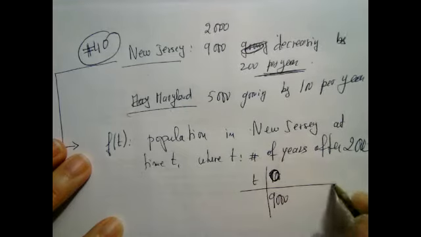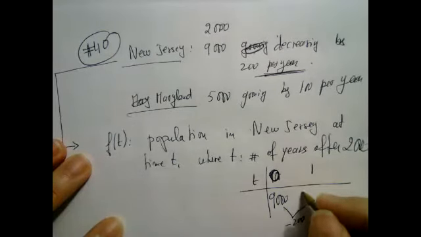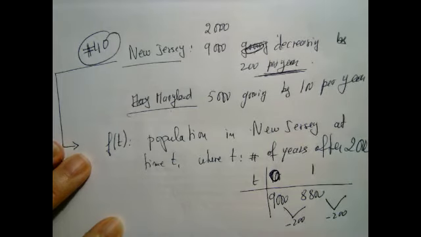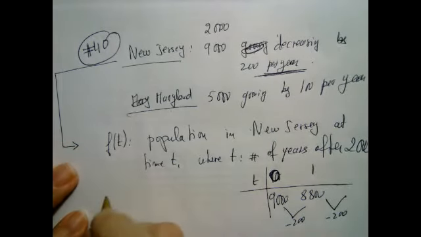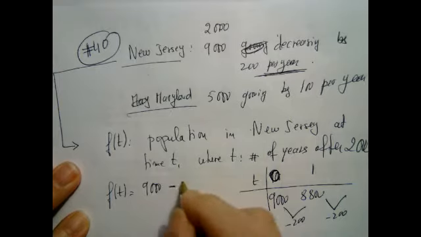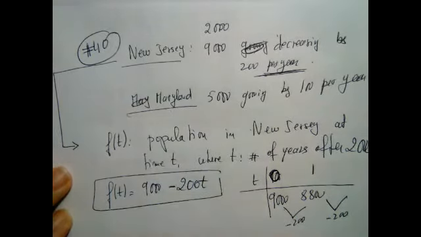After 1 year, it's going down by 200, so it's going to give me 8,800. Another year, another 200. That's a constant rate. So the population is what it starts with minus 200t. That's the population in New Jersey.